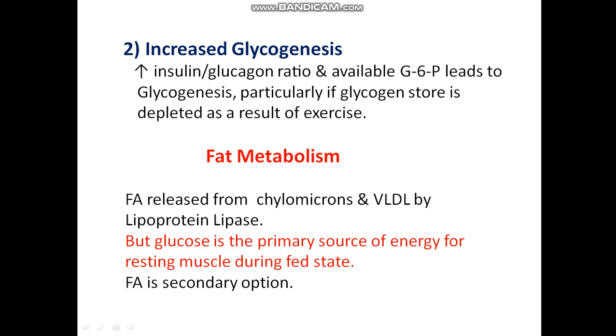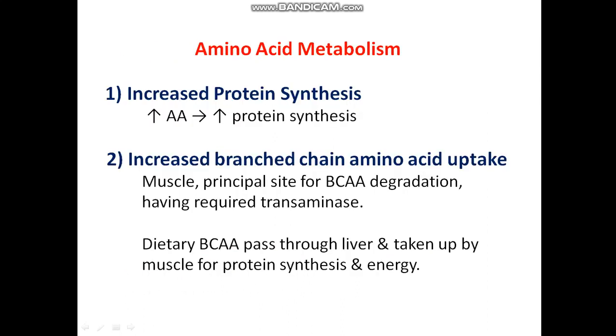Fatty acids are released from chylomicrons and VLDL by lipoprotein lipase, but glucose is the primary source of energy for resting muscle during the fed state. Fatty acid is a secondary option. Amino acid metabolism: increased amino acids lead to increased protein synthesis.